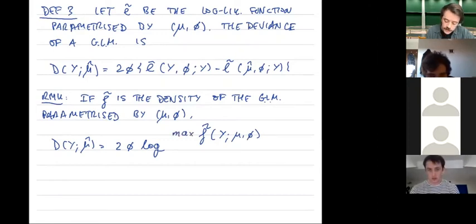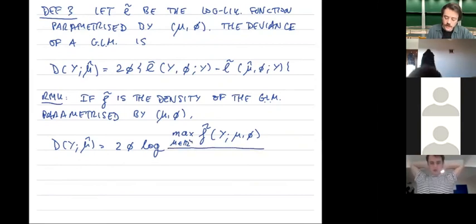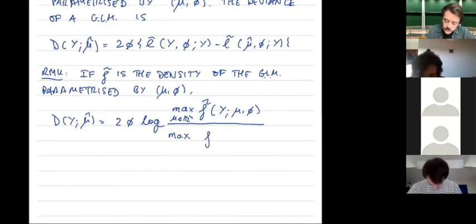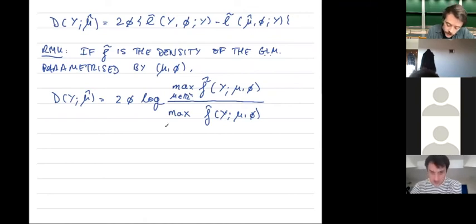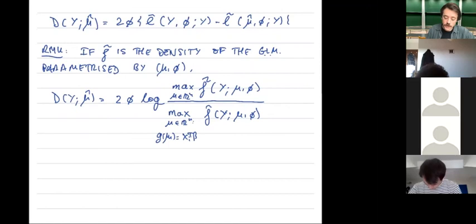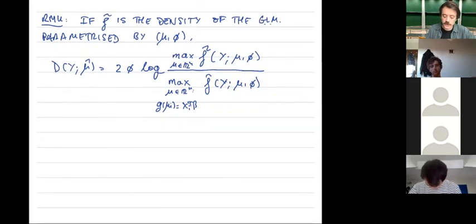And so this is the maximized density when mu can take any value in R^n, over the maximized version of this guy as well. But now rather than being unrestricted, the mu, what we have is mu in R^n satisfying that g(mu_i) equals x_i transpose beta. So really what I'm saying here is that we're going to write each of the coordinates of mu in terms of the linear predictor, and then we're going to maximize the resulting expression with respect to the beta. So that's just the usual density when evaluated at the MLE for the beta in this case. Okay, so why am I saying this? Well, this expression should be familiar to anyone who's seen statistics before.